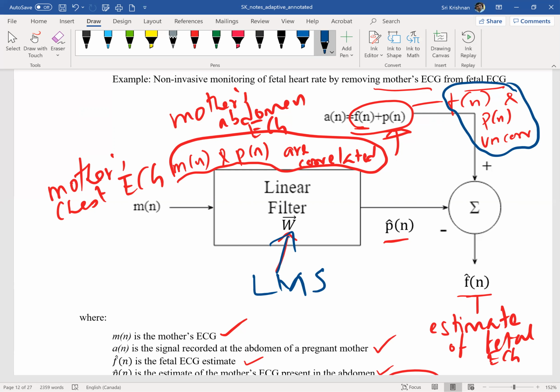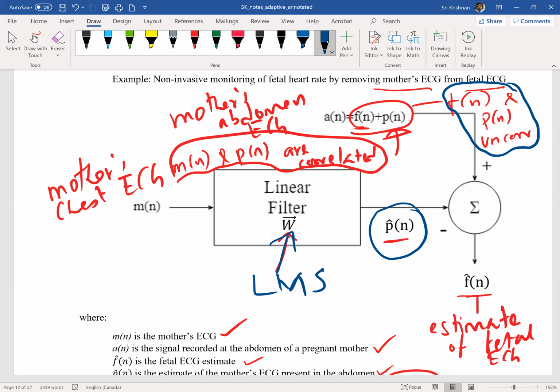When the filter converges, in other words, when you don't see a difference in the output, that means the filter has converged. Because Mn and Fn are uncorrelated, the output of this adaptive filter is P hat n, coming out as the output of this linear adaptive filter.